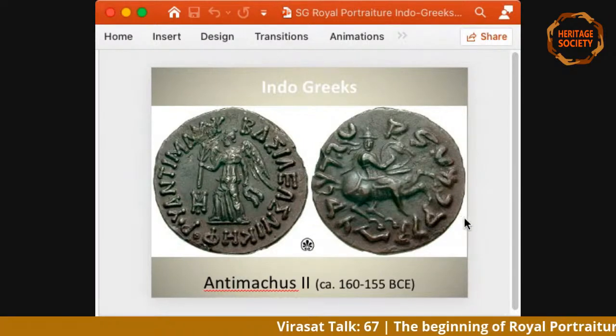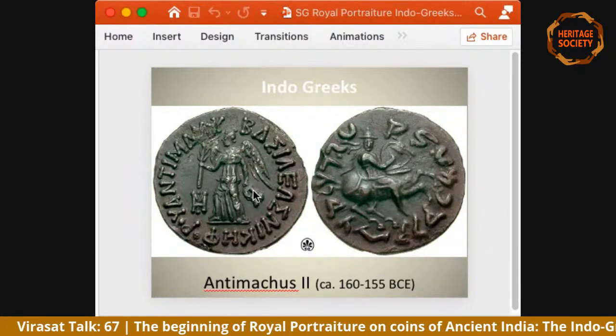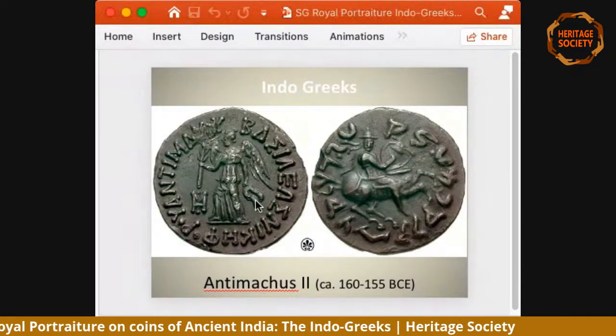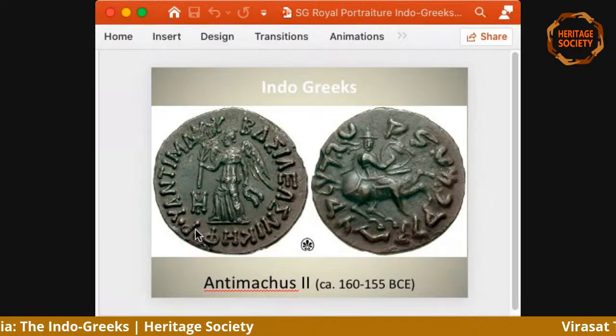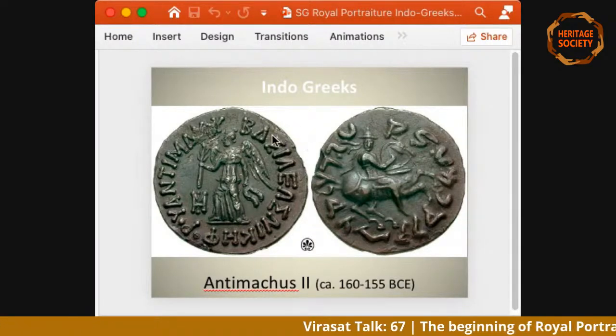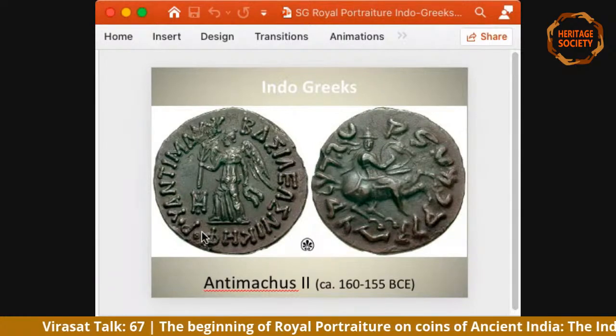On the obverse, you see a depiction of a winged Nike holding a wreath and a palm, and the legend here reads Basileos Nikephoroi Antimachos. It starts from here at about 1 o'clock and goes round.